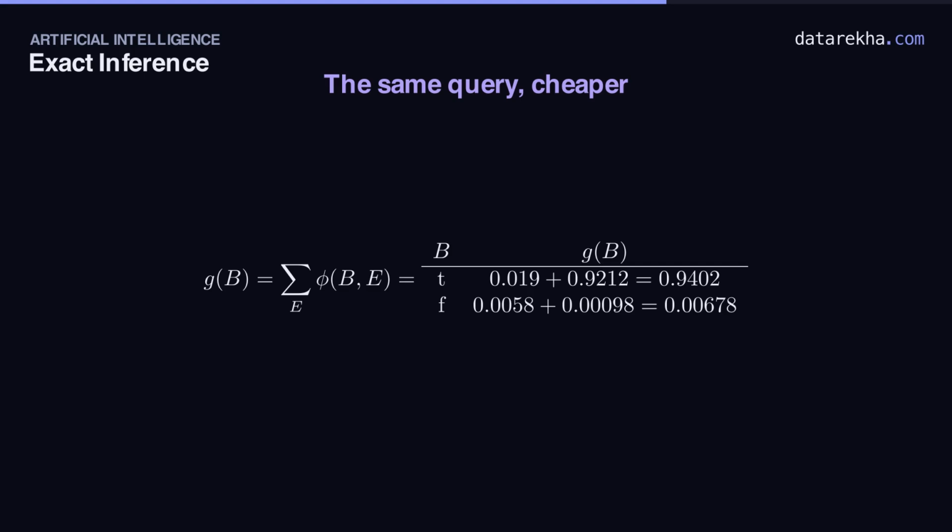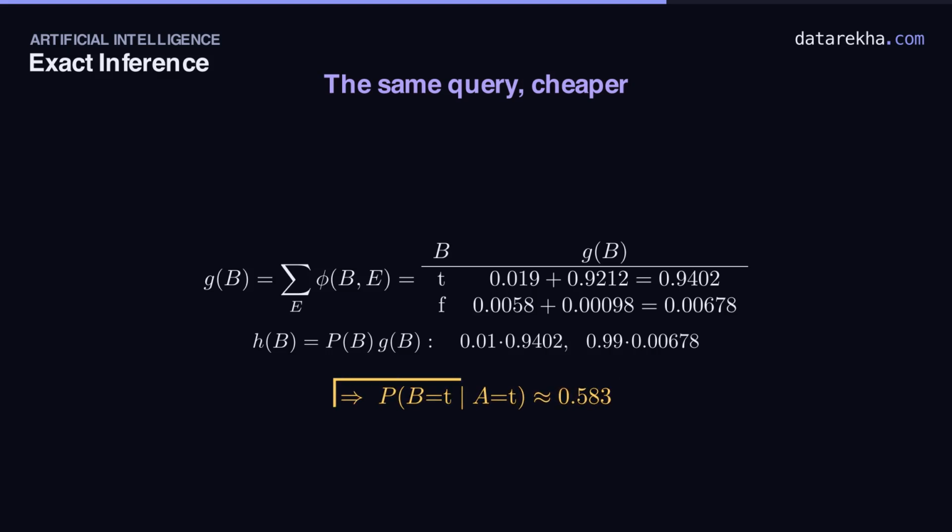About 0.9 for B true, and about 7 thousandths when it's false. Multiply by the burglary prior and normalize, exactly as before. Out comes the same 0.583.